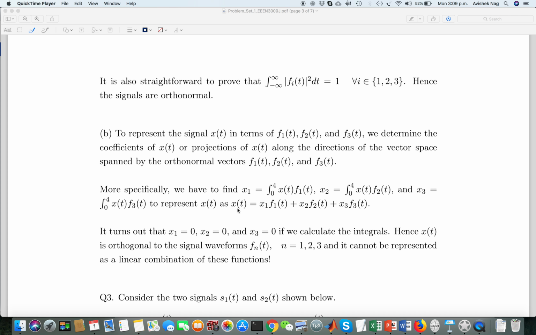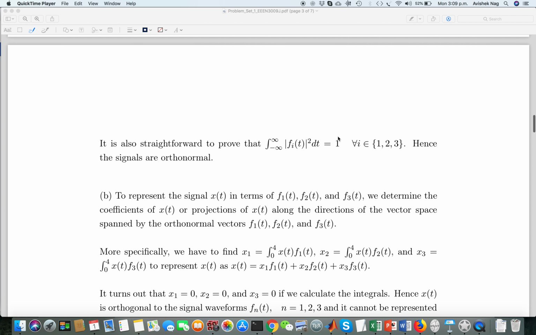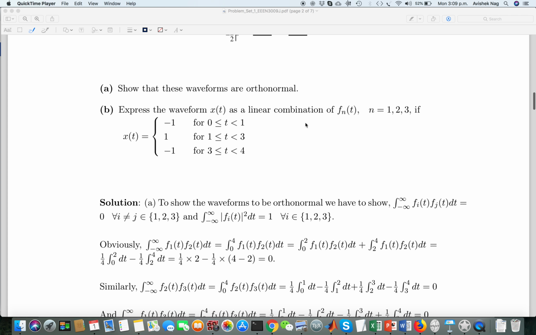So you were representing x(t) as linear combinations of f1(t), f2(t), f3(t), and some of you were having these coefficients as a, b and c, or x1, x2, x3, and then you are trying to equate this part at different intervals with the original value of x(t), and then trying to solve for these coefficients.